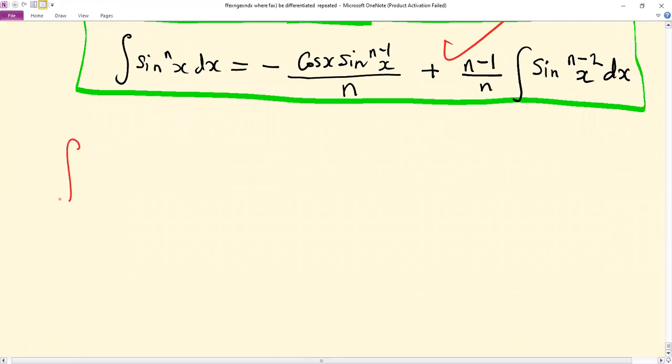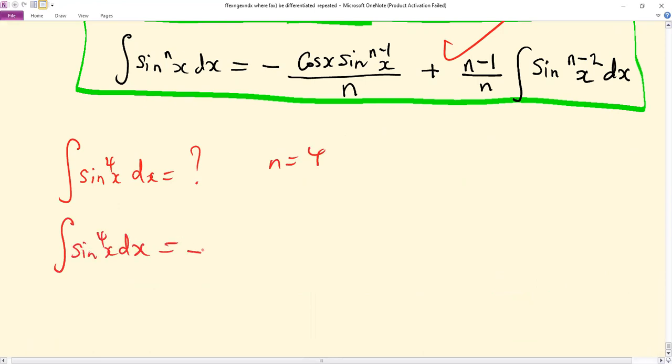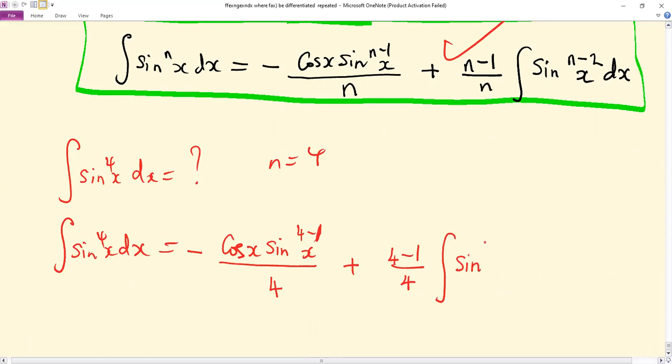Now, for the integral of sine power 4 x dx, n is 4. So we have negative cos x sine of 4 minus 1 x divided by 4 plus 4 minus 1 over 4 times the integral of sine 4 minus 2 x dx.